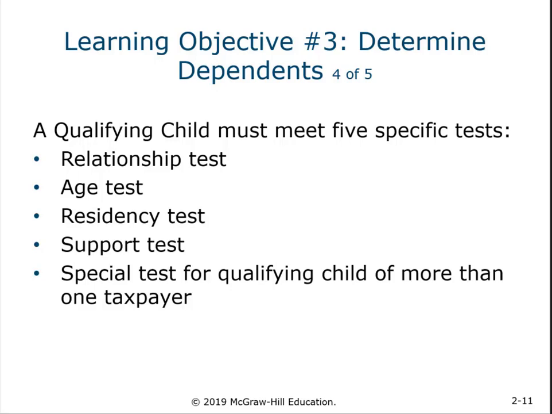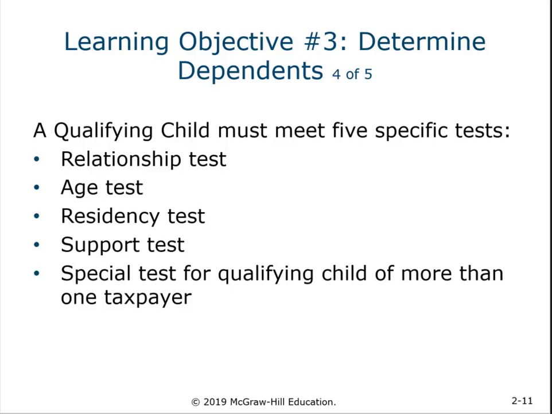There are tests when this works for multiple people. Okay? Divorced spouses, who share custody. There are tests to determine who gets to claim them as a dependent. Usually the one that they live with the most, that has the longest custody.